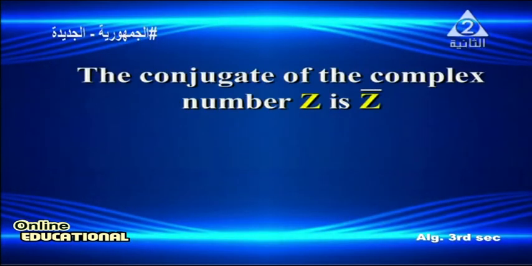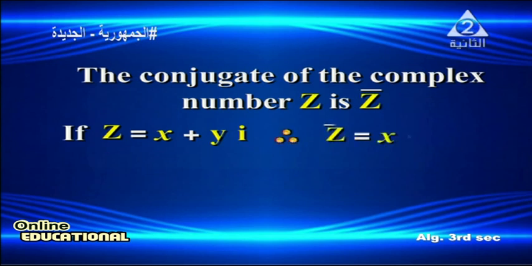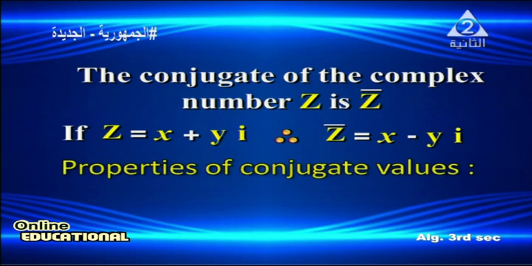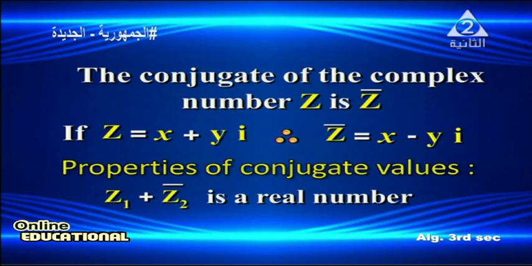The conjugate of the complex number z is z bar. If we have z equals x plus yi, therefore the conjugate of that, z bar, is x minus yi. Now we are taking properties of conjugate values. z1 plus z1 bar is a real number.